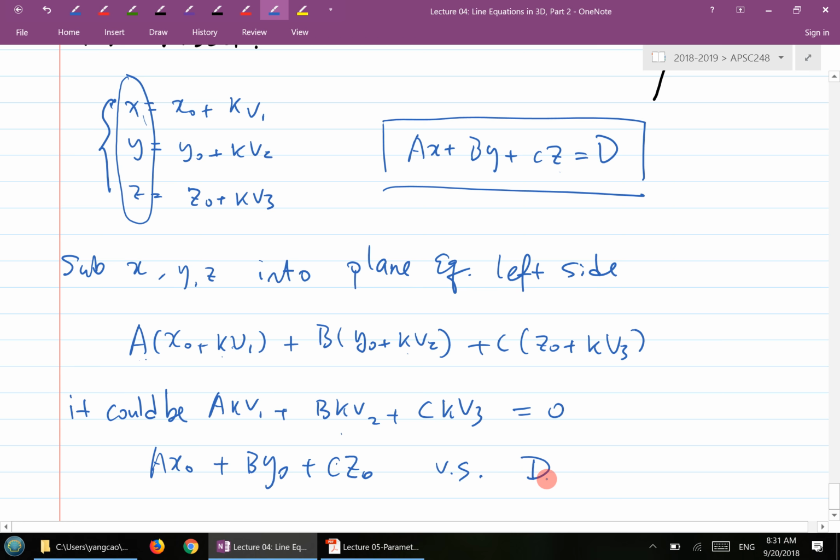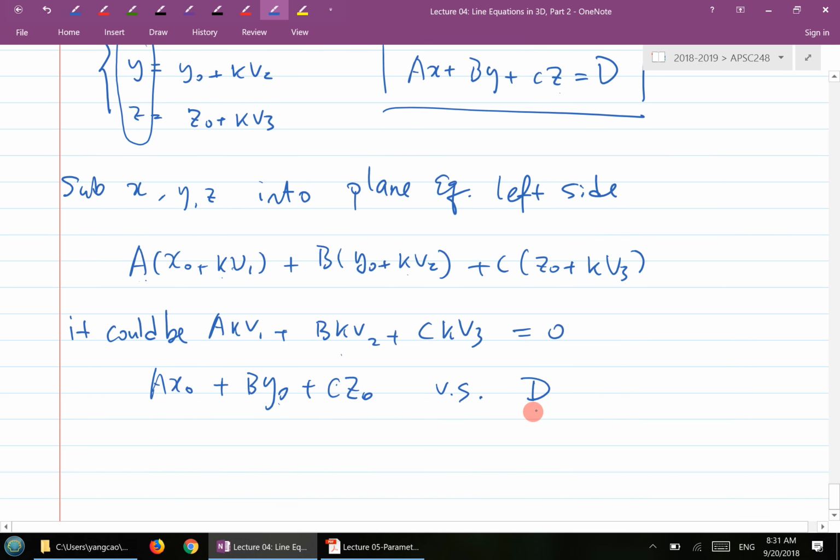If this value is the same as d, what does that tell you? The line is on the plane. Exactly. If this value is different from d, that means the line is parallel to the plane.